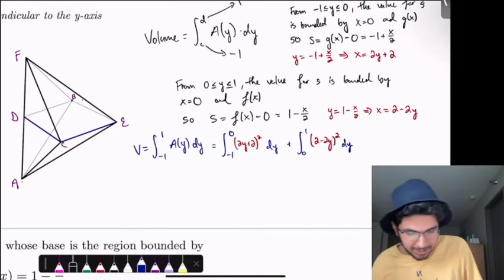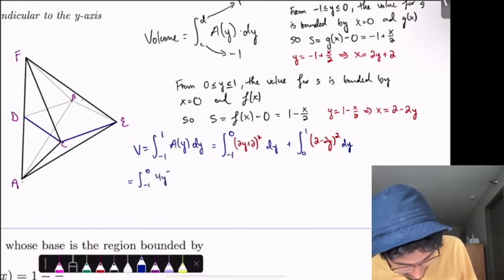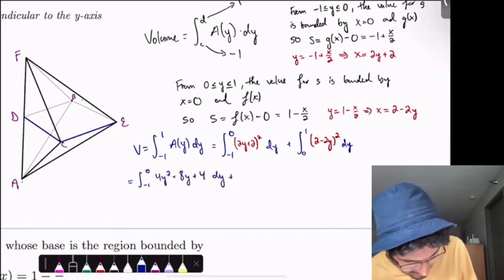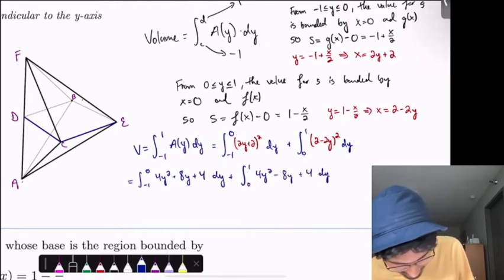And now we just have to solve this integral. So this will be the integral from negative 1 to 0 of 4y squared plus 8y plus 4 dy plus the integral from 0 to 1 of 4y squared minus 8y plus 4 dy.